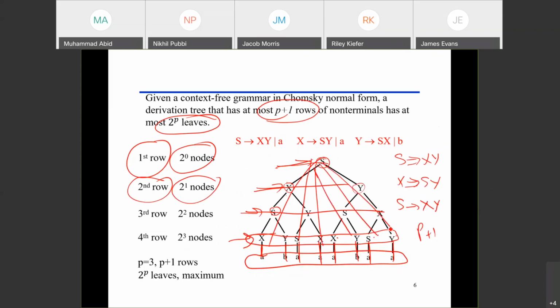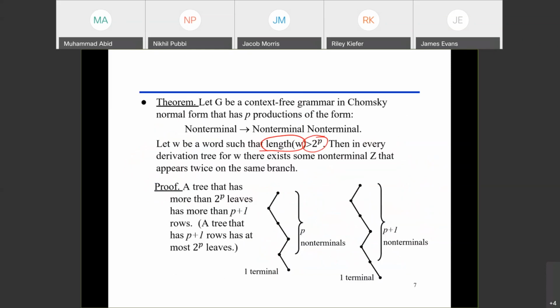That's the reason, because you reuse one production rule, that the size of the word is bigger than whatever the live productions you have. So this means that there is a loop in our grammar, in our PDA, and we reuse some production rule again and again, and that will beef up the size of the word. This is what we want to prove here.